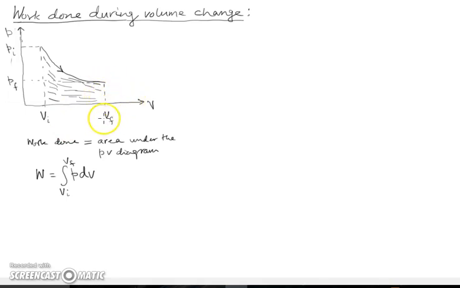What happens if this was my initial volume and this was my final volume, and my volume changed this way, from pressure Pi to Pf, the volume becomes smaller, it gets compressed? Then the work done will be negative, indicating negative work. So the summary that we need to remember is that the work done is equal to the area under the curve on the PV diagram. This is a very important fact to remember. All right, let's remove this.